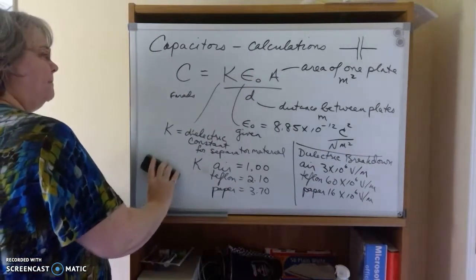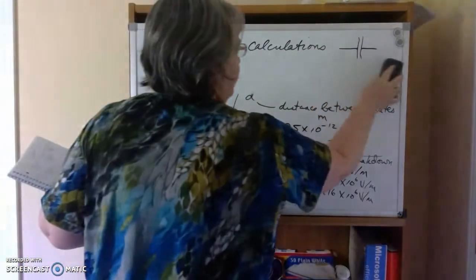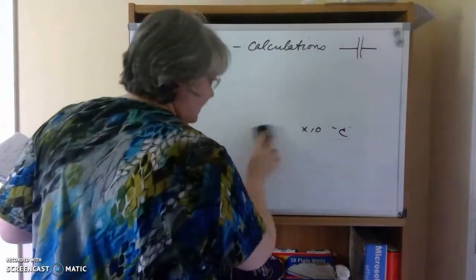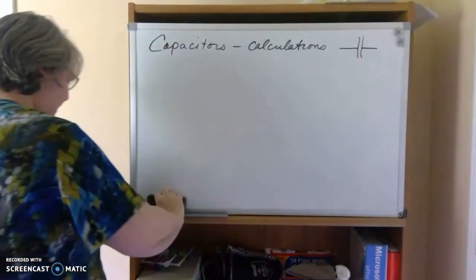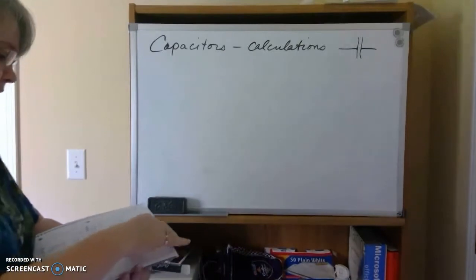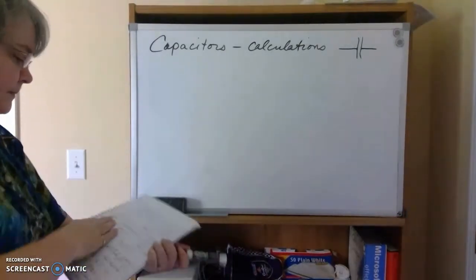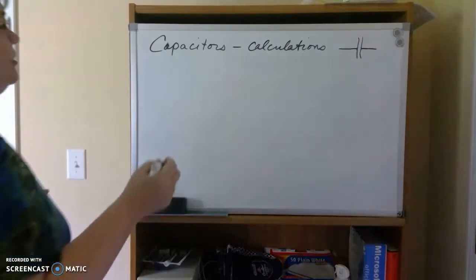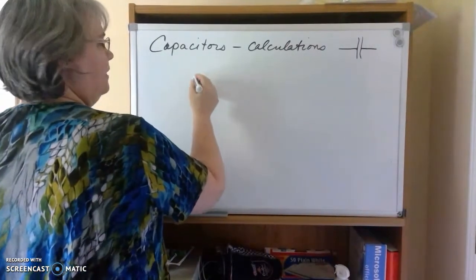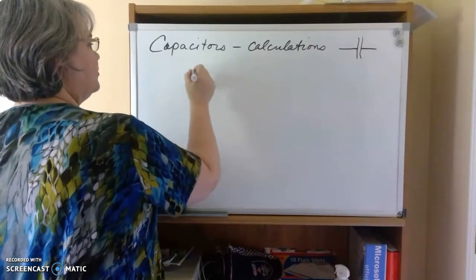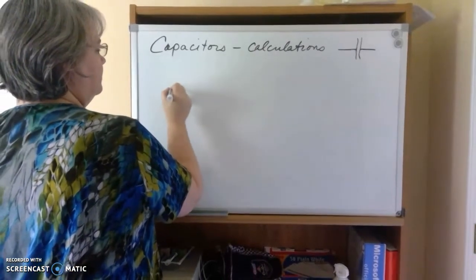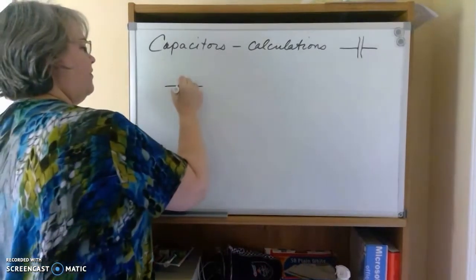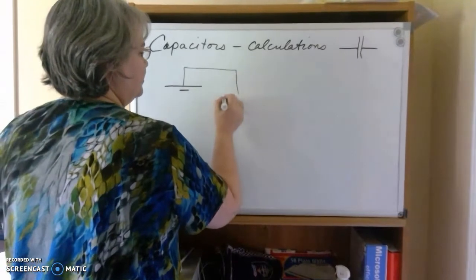Okay, so say that I want to put a capacitor into a circuit, and I want to calculate what's going on. I'm going to create a circuit with one electrical element other than the power source.